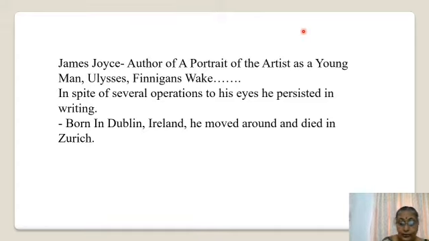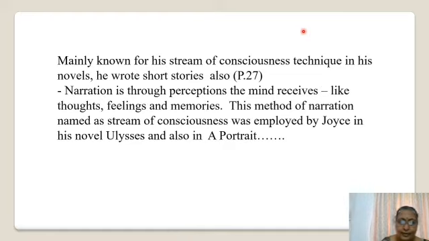And here you will find that the technique that he had used to tell the story is mainly known as stream of consciousness technique. And he wrote short stories also, but with the stream of consciousness technique, he wrote novels, especially Ulysses and A Portrait of the Artist as a Young Man.